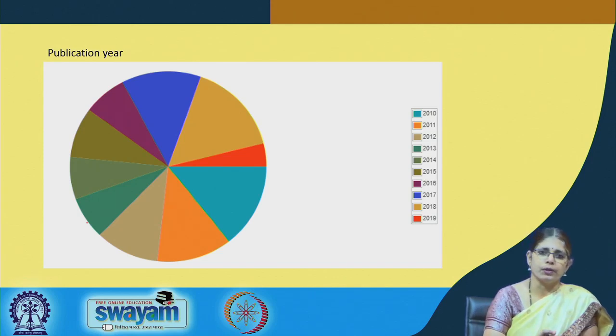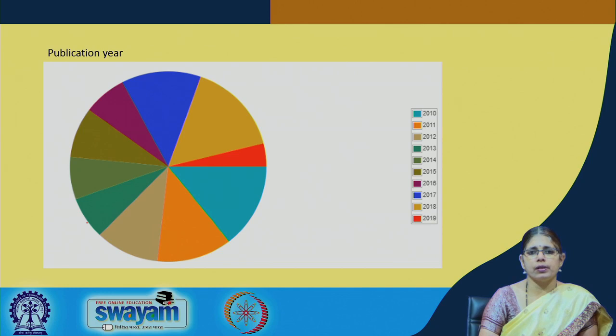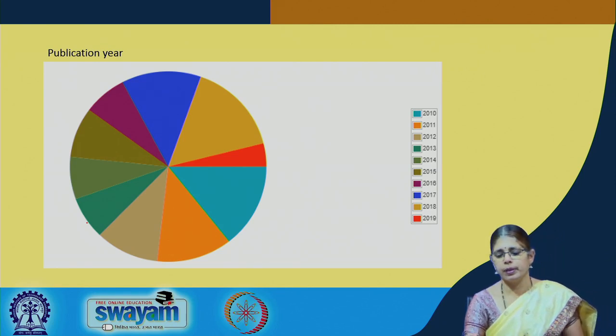Another analysis point one can prepare is utilizing the publication year. The publication year statistics give us the spread of the data based on the time period, and here you see the data spread between 2019 back in time to 2010.